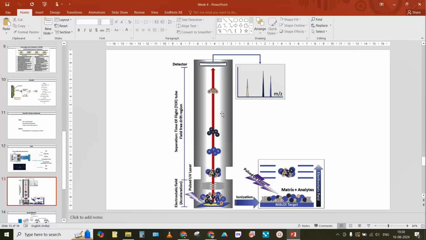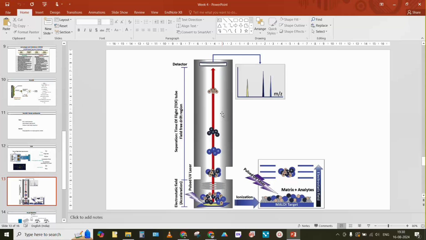Here is one more brief concept about time of flight. In the time of flight tube, the ions are accelerated to high kinetic energy, and due to their different velocities, they are separated in the flight tube. As I mentioned earlier, by adding a reflectron or reflector, the ions can turn around in the reflector, which can compensate for minor differences in kinetic energy.